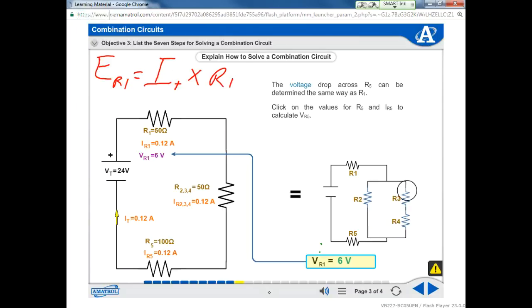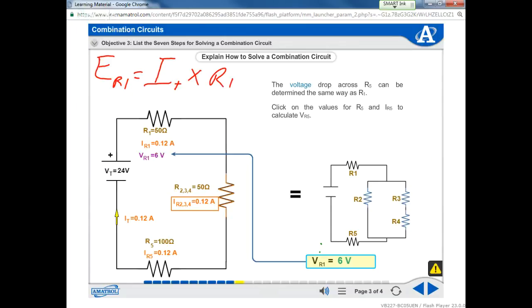So the voltage would drop between R3 and R4? Yes, it would. Between R3 and R4 would be another voltage drop. Which would all add up to be what? VT, which is 24 volts. It's all going to add up. If it doesn't add up, then you didn't do it right.